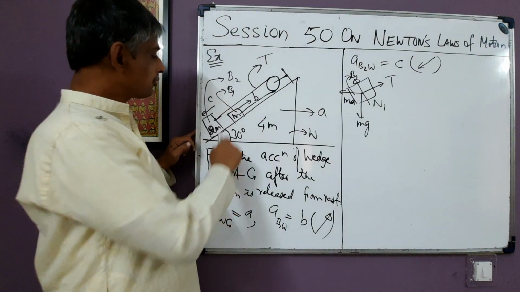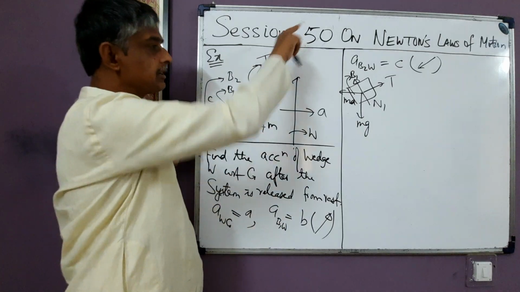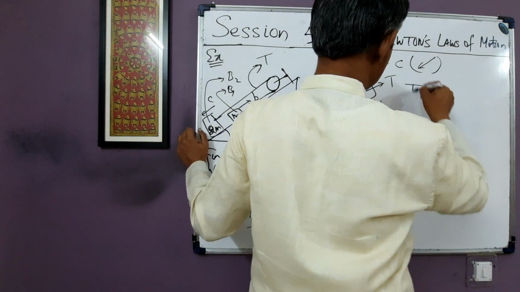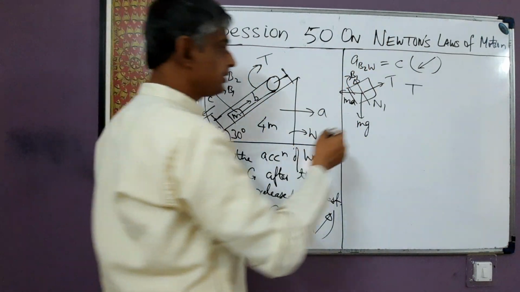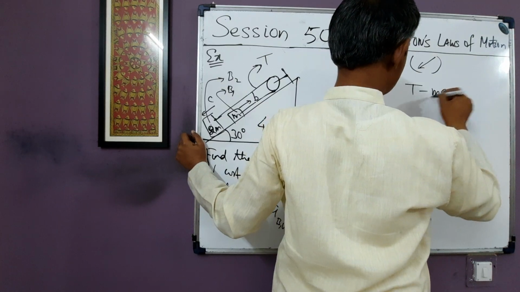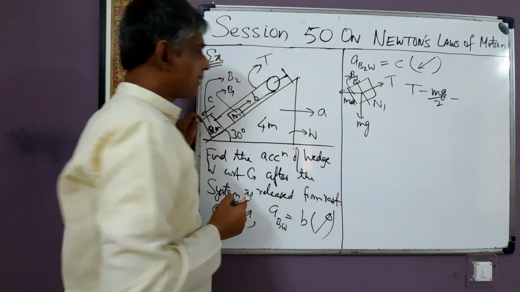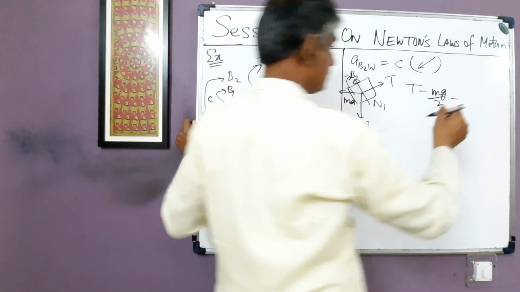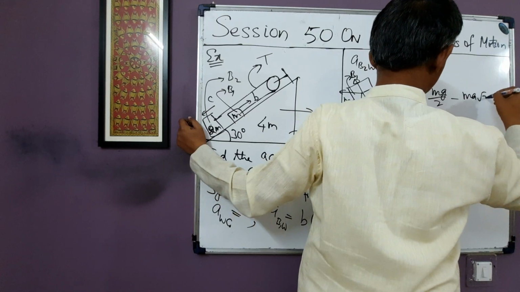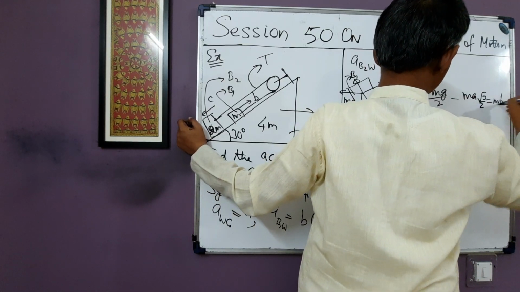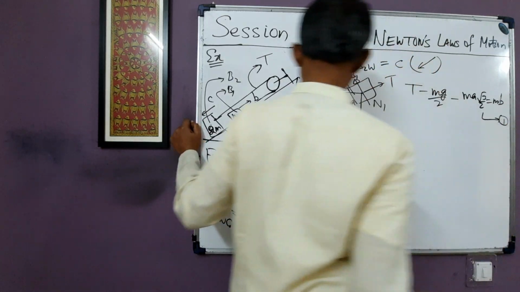Now apply Newton's second law to this block B1 with respect to wedge up the incline. So what do I write? T minus mg sin 30 degree, that is T minus mg by 2, minus ma cos 30 degree is equal to mB. This is the first equation.